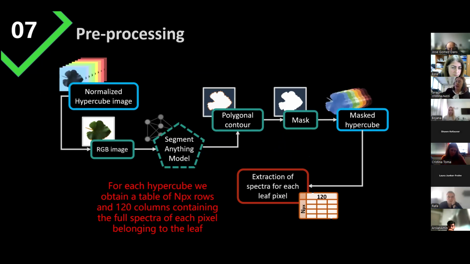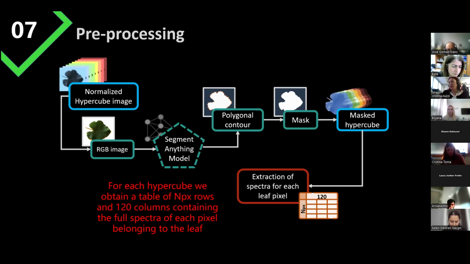Okay, so we have our hypercubes, but we wanted to exclude the background from them. So we recompiled the color image from the hypercube and then applied the Segment Anything Model to extract the leaf from the background. We applied this mask on the hypercube to remove the background.